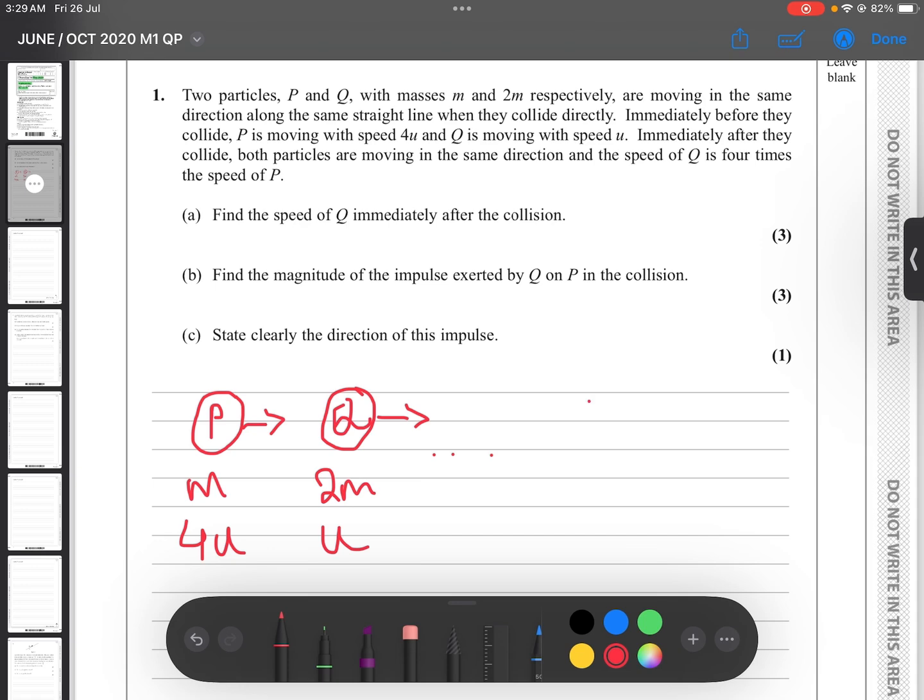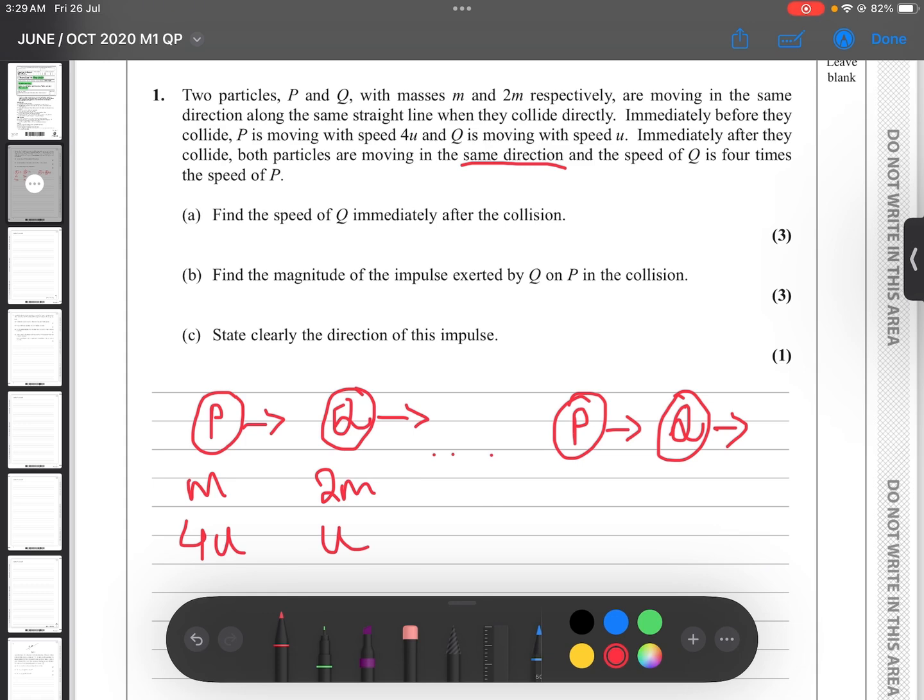After collision, P, and again now here Q. They said immediately after they collide, both particles are moving in the same direction. So they are yet moving in the same direction.